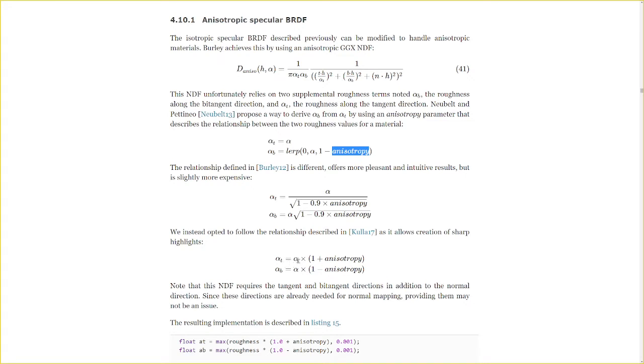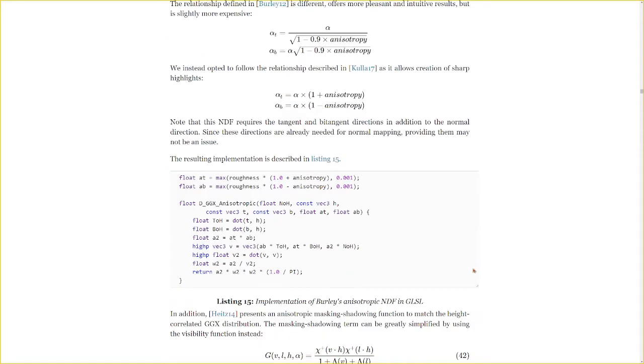So that's the surface roughness and 1 plus the anisotropy and 1 minus the anisotropy for each term. Note that this NDF requires the tangent and bitangent directions in addition to the normal direction. Since these directions are already needed for normal mapping, providing them may not be an issue.